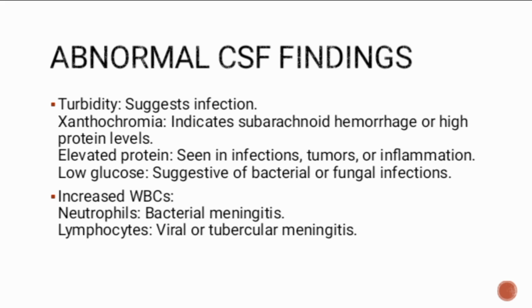A low glucose level is usually a sign of bacterial or fungal infections, while increased WBCs can suggest bacterial or viral meningitis. The type of WBCs, whether neutrophils or lymphocytes, further helps in diagnosing the condition. Neutrophils dominate in bacterial meningitis, while lymphocytes dominate in viral or tubercular meningitis.